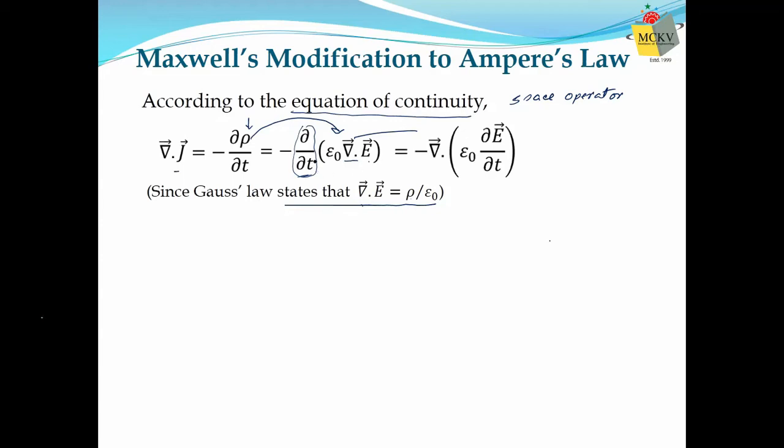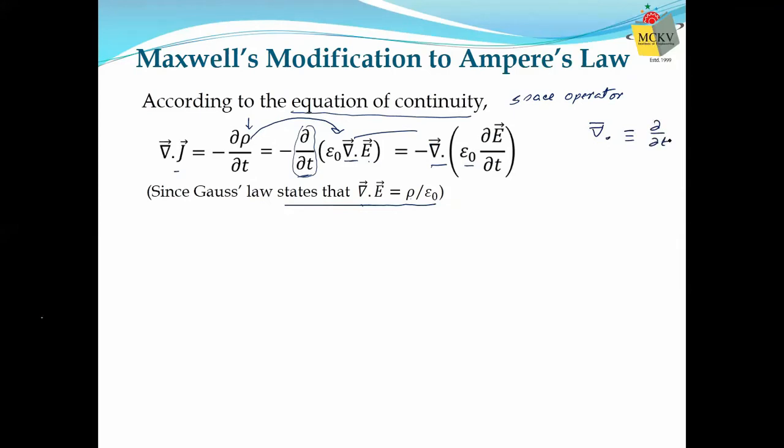That means instead of del t, now I'm writing divergence, that is del dot, and instead of del dot, I'm writing del t. So it will be del t operating on E, epsilon naught remains the same, then del dot is operating. So we have just interchanged the position of these two.